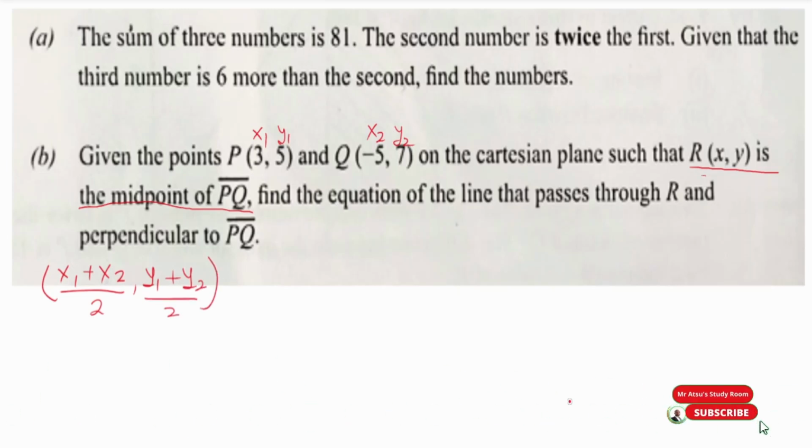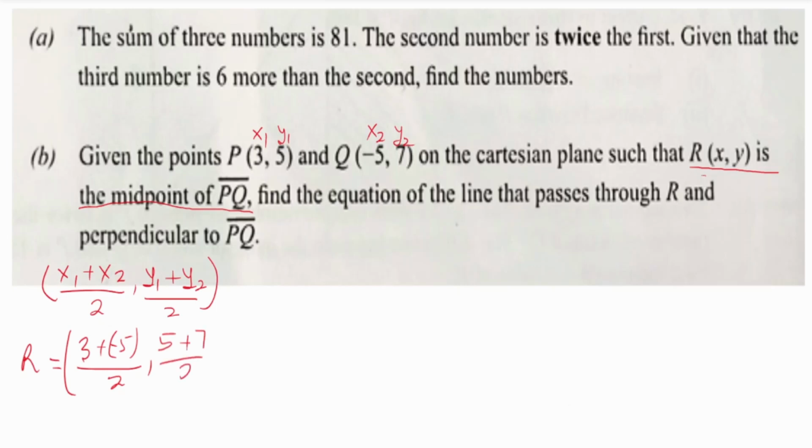Now that we know this, it means that R will be equal to 3 plus negative 5 all over 2 as the x coordinate, and 5 plus 7 all over 2 as the y coordinate of R. And 3 plus negative 5 is the same as 3 minus 5, which is negative 2, divided by 2 will be the x, and then this is 12 divided by 2.